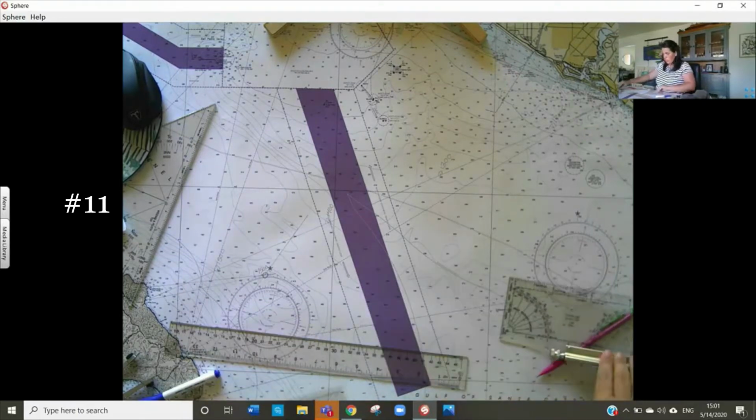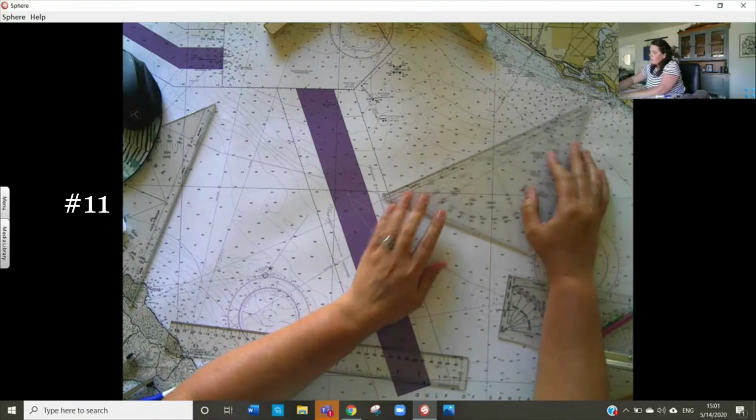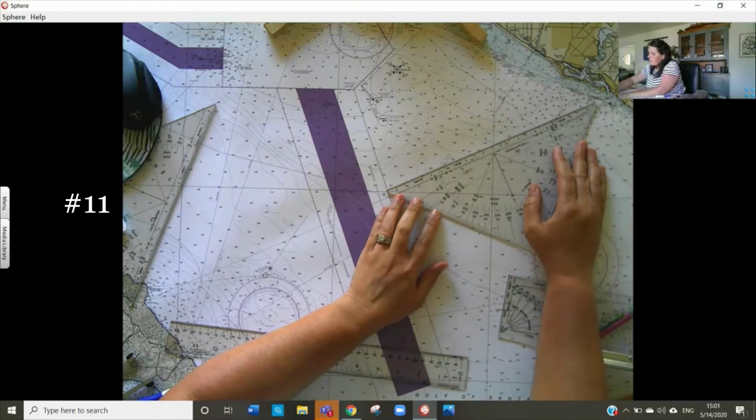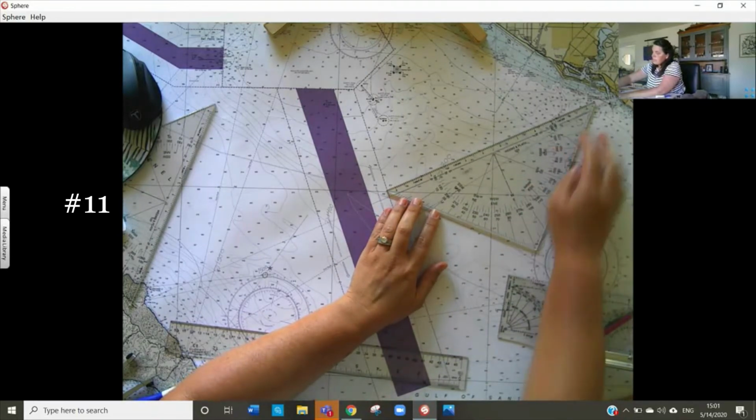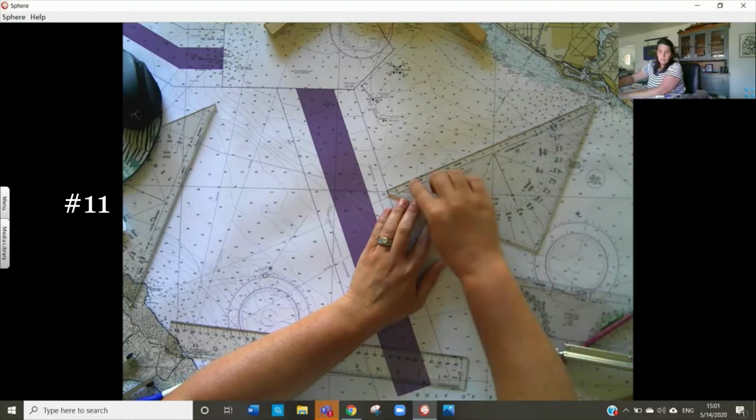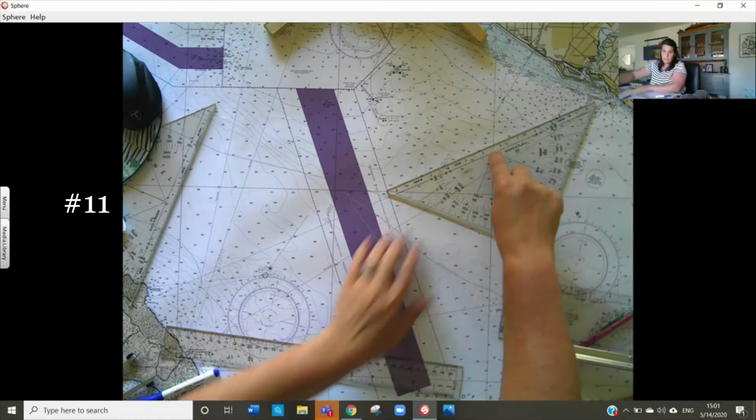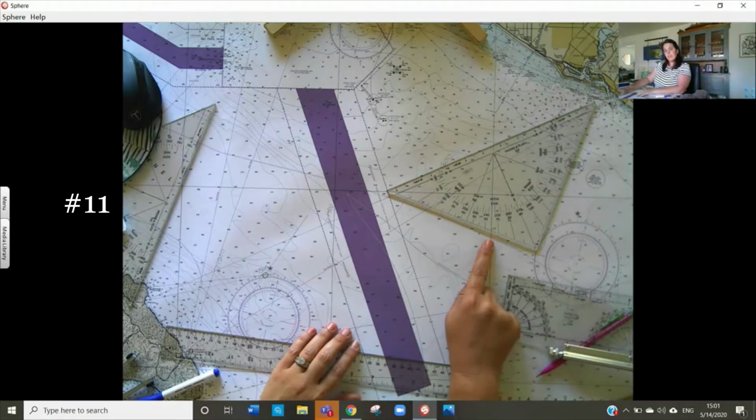If we use the triangle, we can put our triangle line on the line in question, focal point on meridian, and then read at the bottom in between 240 and 250. So we have a course of 245.